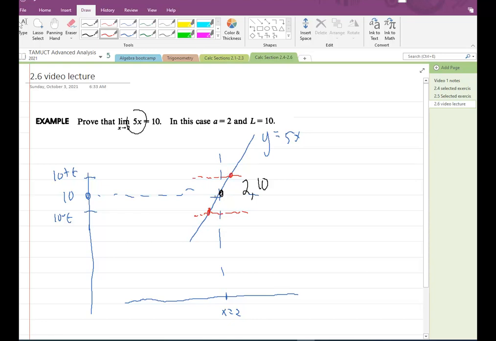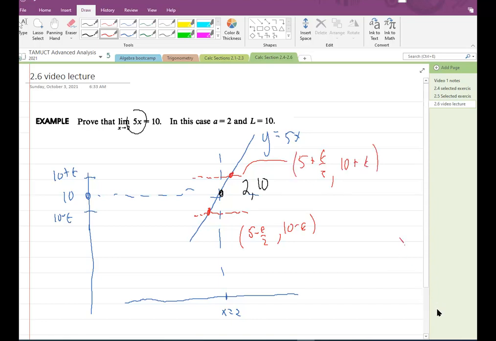Since this has y coordinate 10 minus epsilon, you can figure out what the x coordinate is going to be. Well, it's going to be this divided by 5, so that's 2 minus epsilon over 5. And here's the point 2 plus epsilon over 5, and 10 plus epsilon.